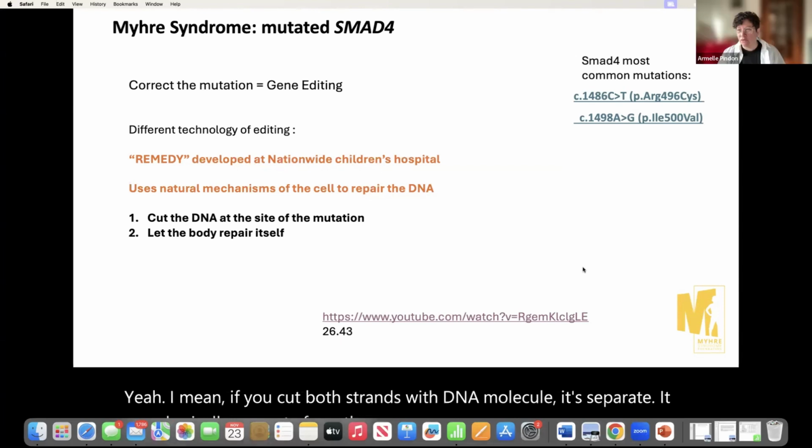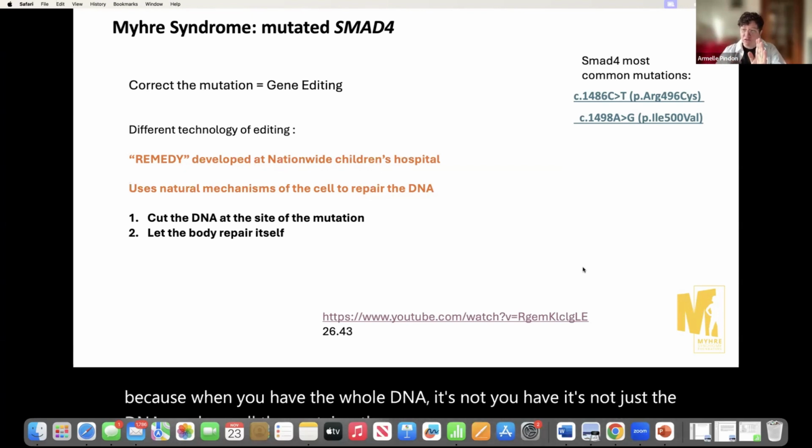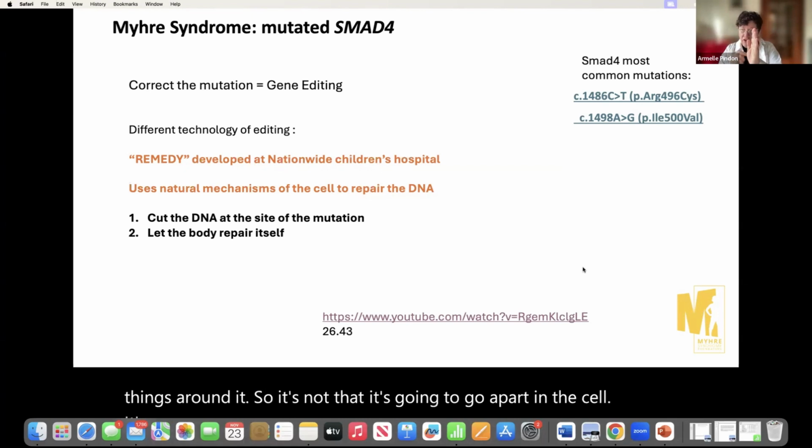No, not really, in fact, because when you have the whole DNA, it's not just the DNA, you have all the proteins, the histones around it, you have a lot of things around it. So it's not that it's going to go apart in the cell. It stays. You just damage one.